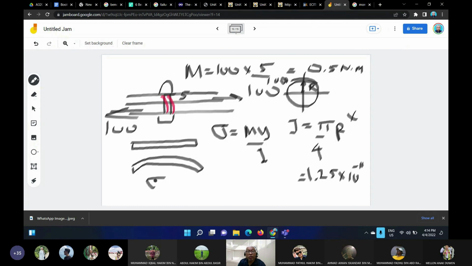So your axial stress could be 0.5 Newton meter times the radius, 2 over 1000, divided by 1.25 times 10 to the minus 11.